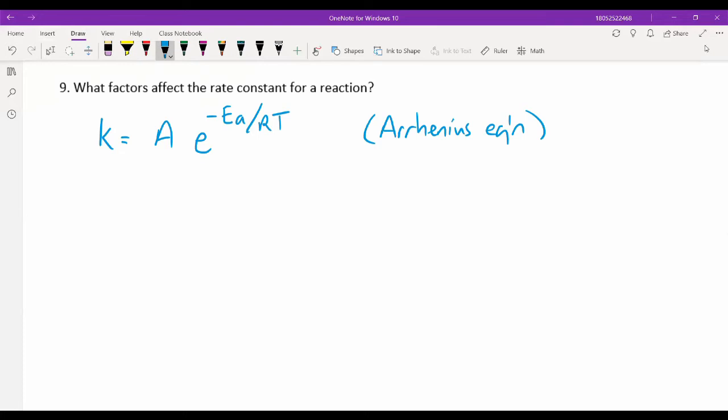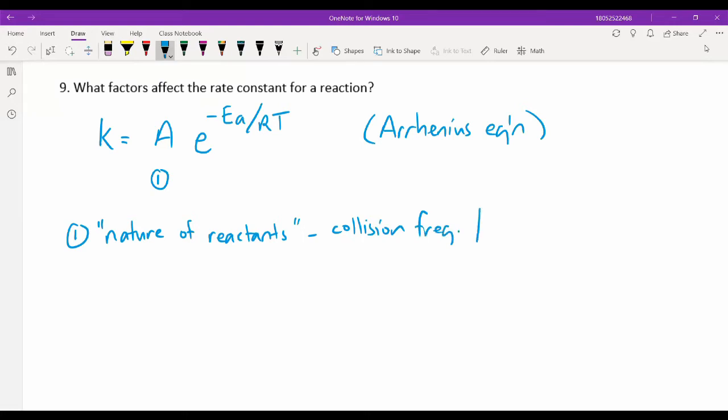One is this A factor, which has a fuzzy definition and is sometimes interpreted different ways, but A has to do with the nature of the reactants. Specifically, how often they're colliding, and if the reaction needs a specific orientation. Oftentimes the molecules are colliding a lot, but not in the correct orientation to result in a reaction.